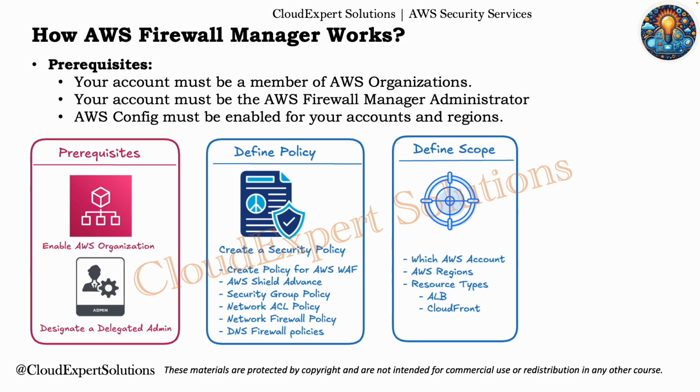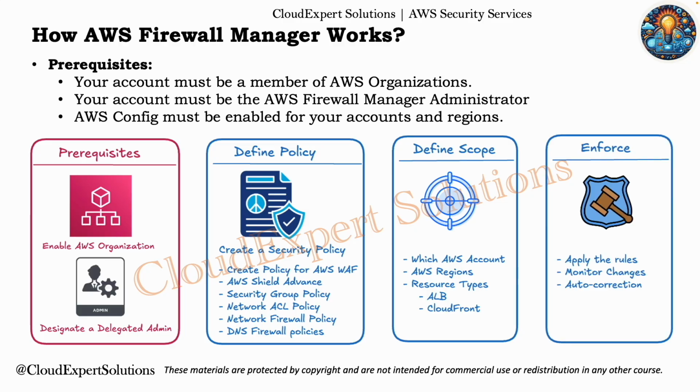That means if you have development and production workloads running simultaneously, then you can apply those policies only to the production environment and keep the development environment as is, outside the policy enforcement. And finally, once you define the scope, Firewall Manager enforces the policy automatically. It applies the rule to all matching resources, and it continuously monitors for any drift, and it can auto-correct misconfigurations.